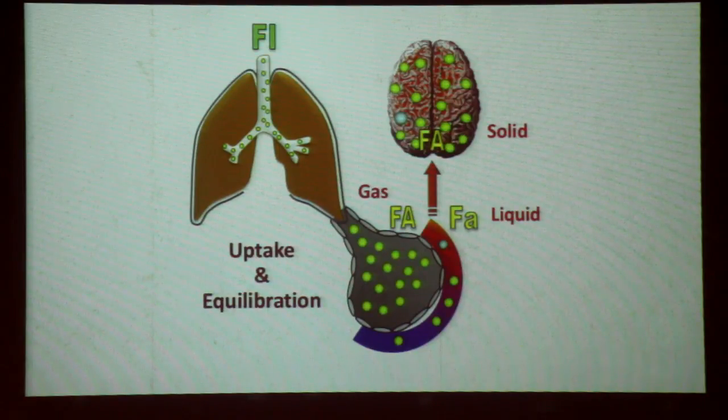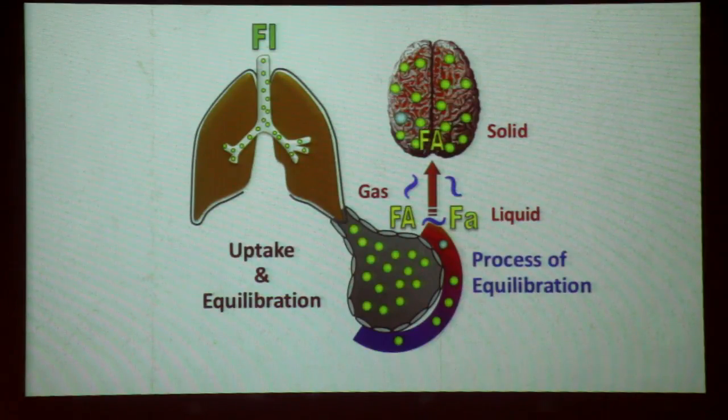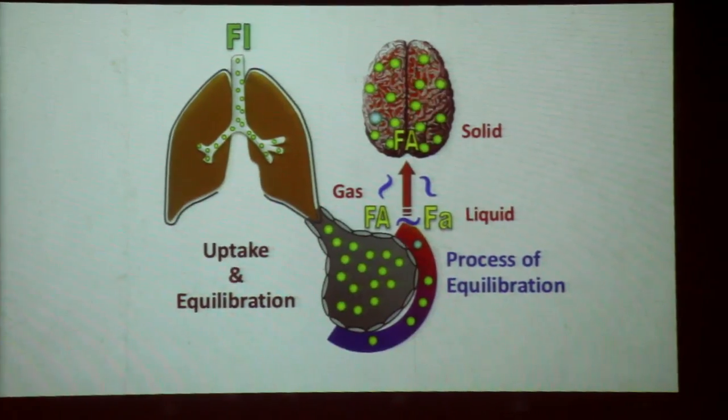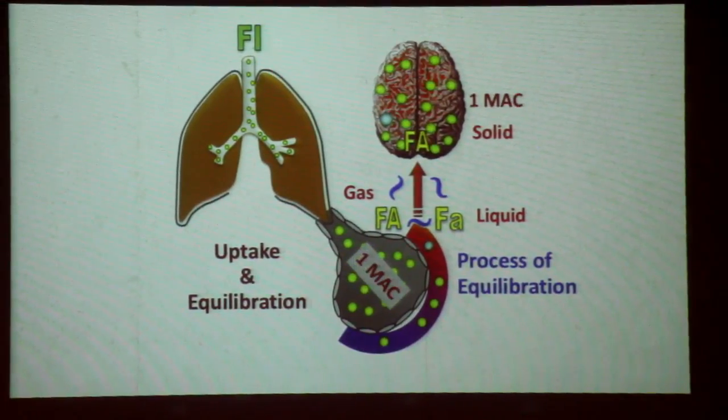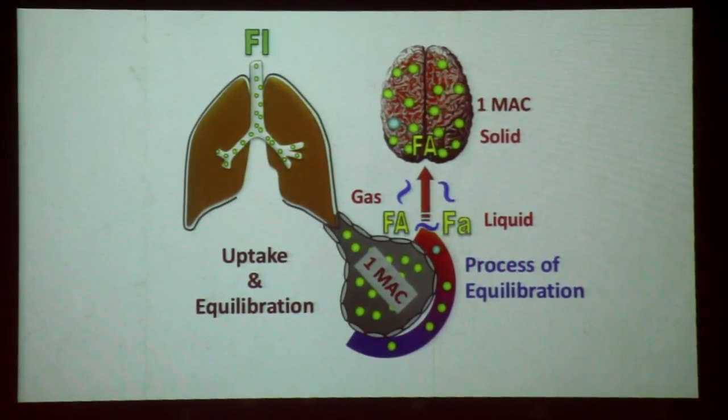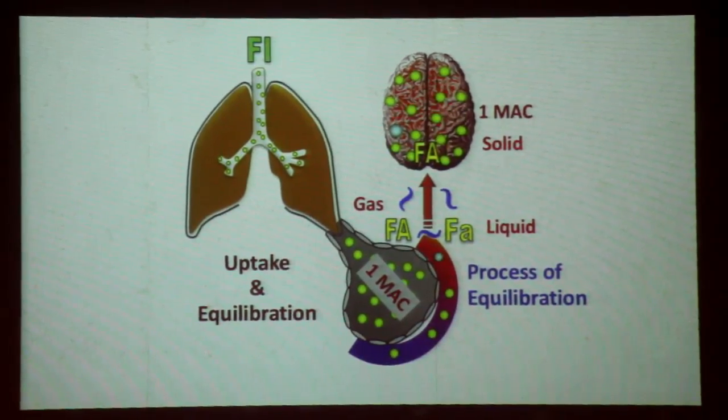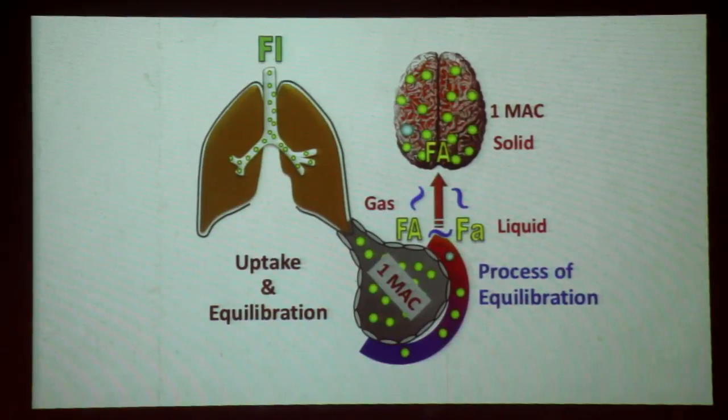Now for this vapor to reflect the same concentration in the brain as in the alveolus, there has to be equilibration achieved in the alveolus, in the blood and in the brain. Then only 1 MAC in the brain would represent 1 MAC in the alveolus. And what do we mean by this equilibration?